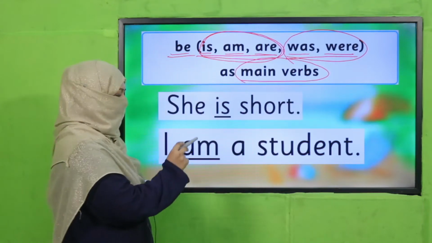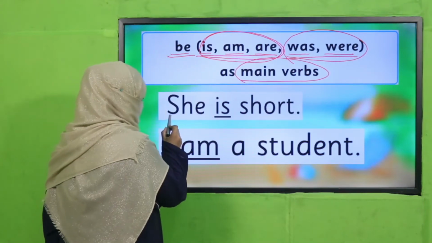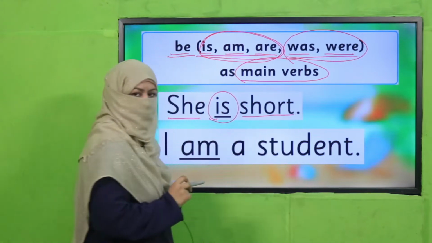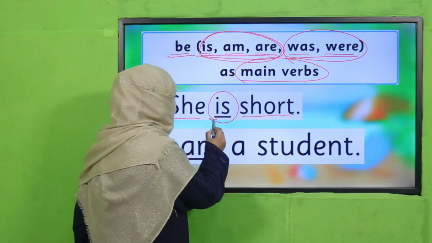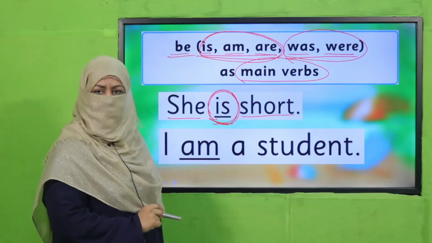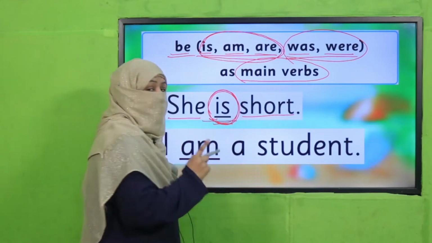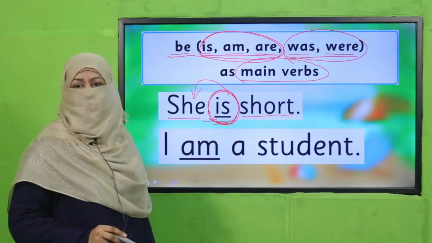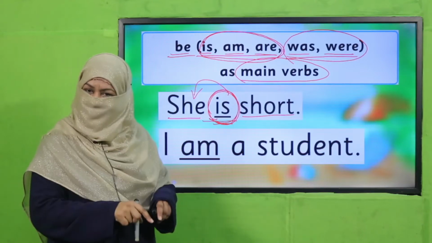And its examples which are given in your book are, she is short, right? Now is there any other verb in this sentence? No. That's why it is the main verb, which is telling the state of the subject in present tense.